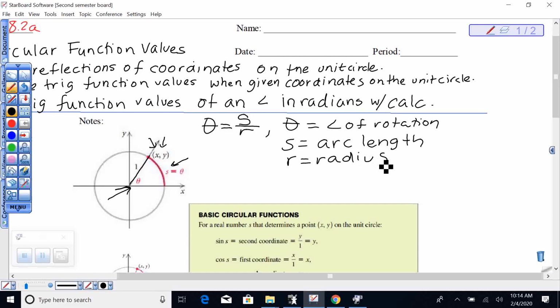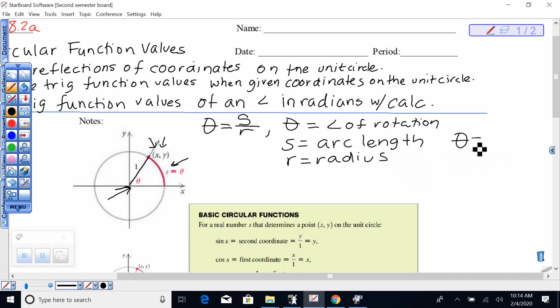So that's true on any circle, regardless of its radius. If I want to find the measure of the angle, I divide the arc length by the radius, and that'll tell me the angle of theta in radians.